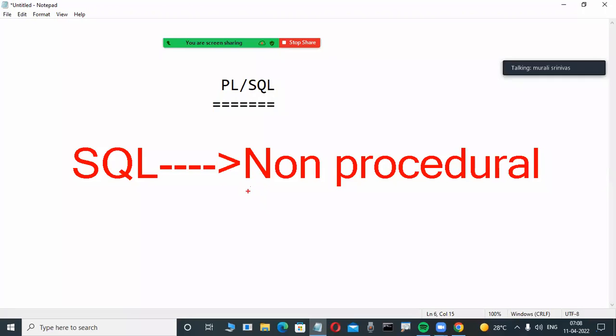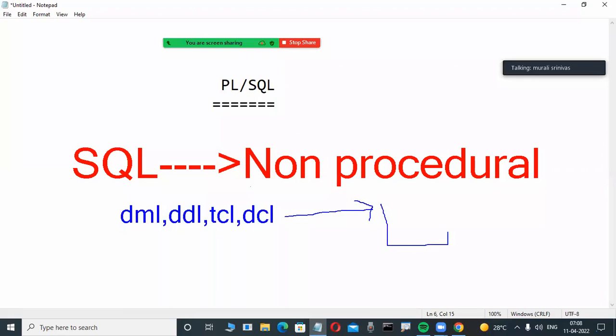Actually, through the non-procedural language, yes, this is a very powerful language, I agree. Whenever we submit some commands or statements, maybe DML commands, DDL commands, TCL commands, DCL commands and select statements, we submit them to the database server, and the database server processes those statements.